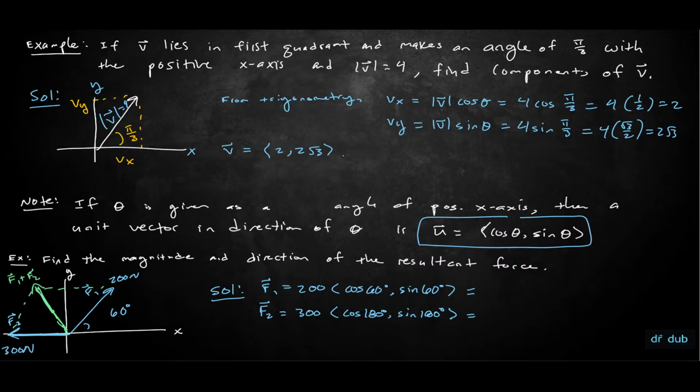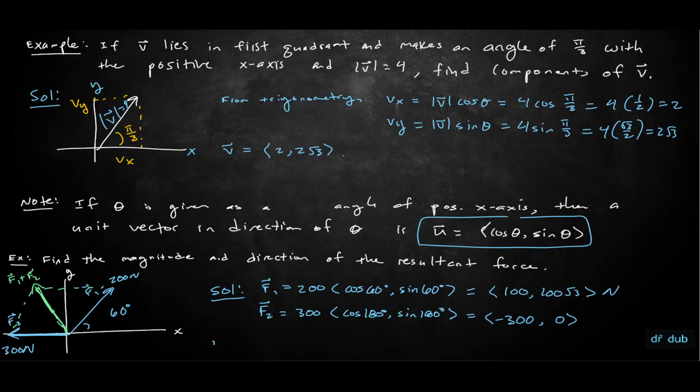And so cosine of 60 we know is 1/2, so this is going to be 100 comma 100 square roots of 3, and this force is in newtons. And then here, cosine of 180 is -1, so negative 300 comma 0.